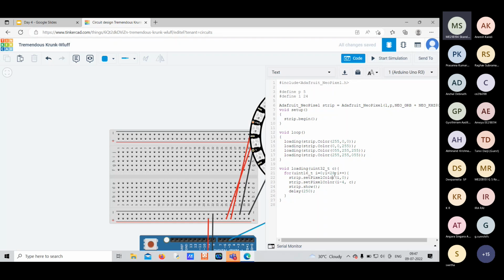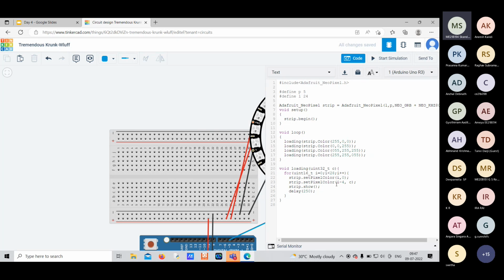This i less than 24, minus 24 plus 4 was assigned because we'd be using the four LEDs for the loading symbol to be properly shown on the LED ring. Other than that, there's no function for it. We've given just a memory space here, so that it works properly.